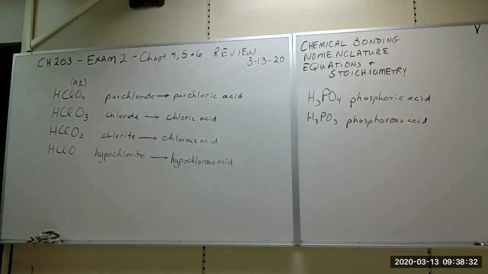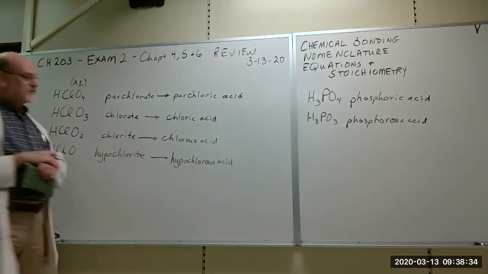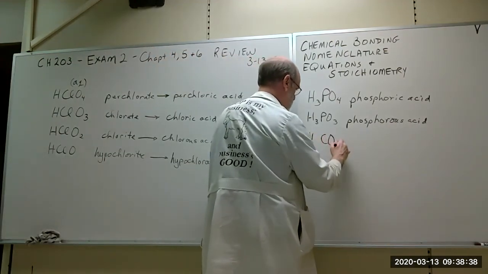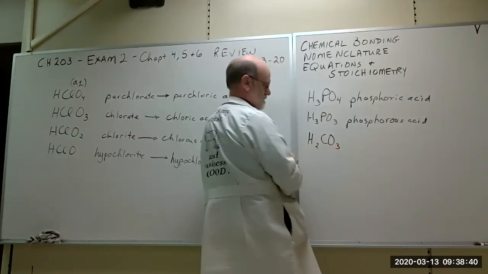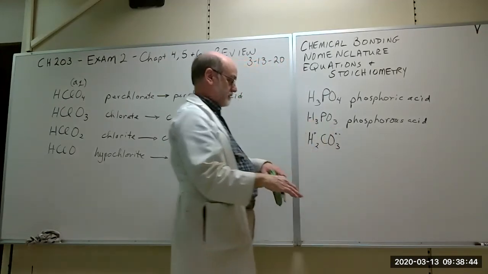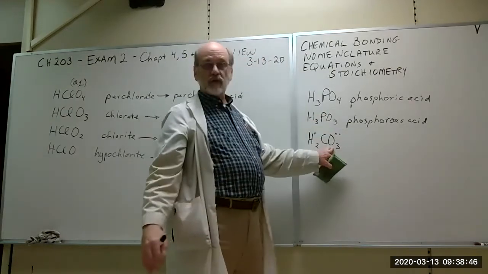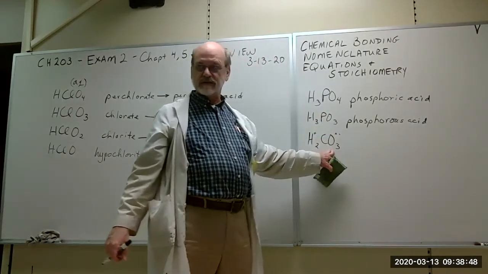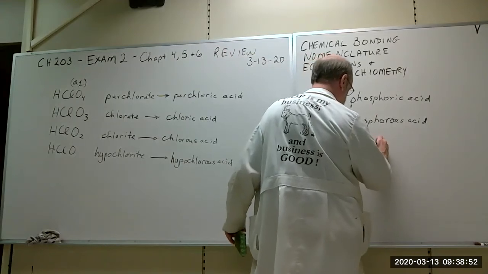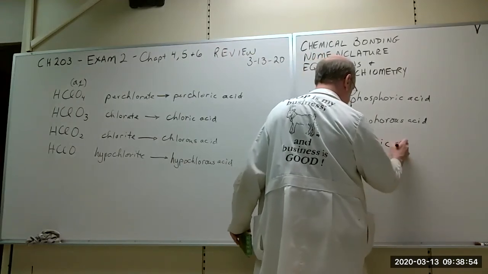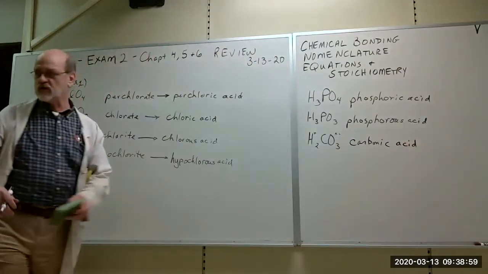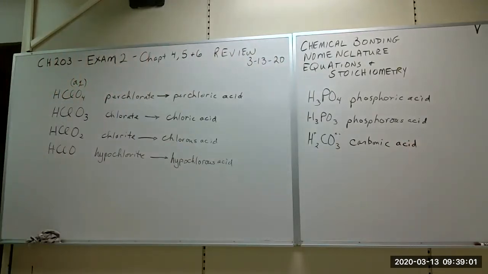Nitrate, nitrite. How about this one? So that'd be a 2- charge there. Plus 1 here, so they balance. CO3, carbonate, means carbonic acid. That's what you get when you drink pop. Carbonated beverages.